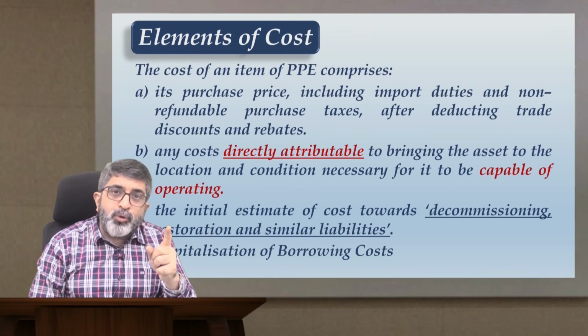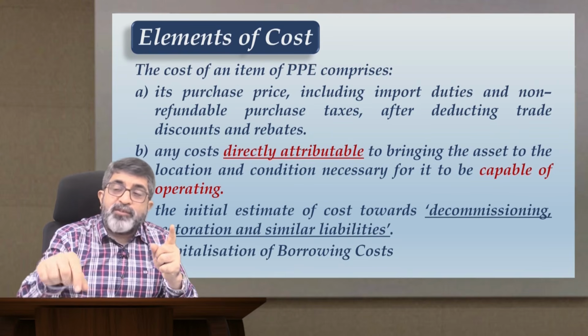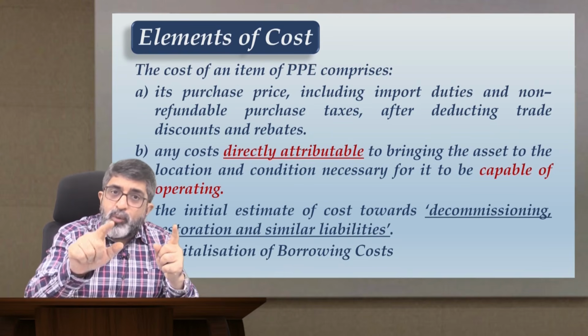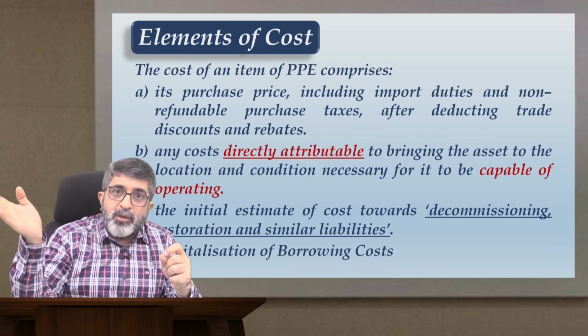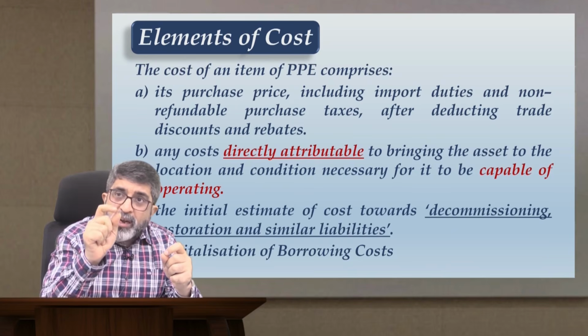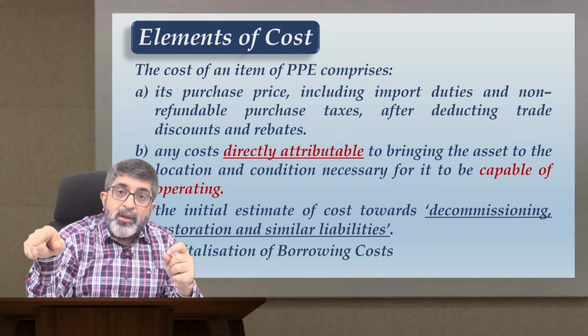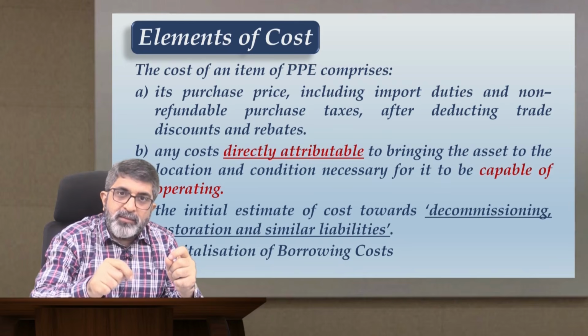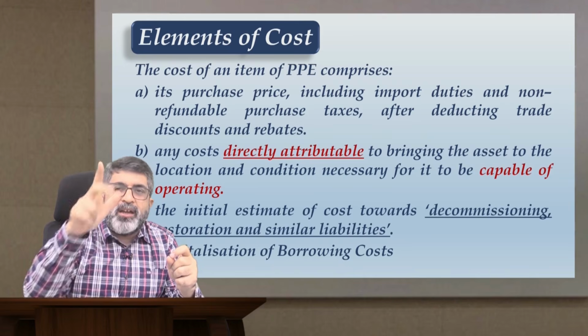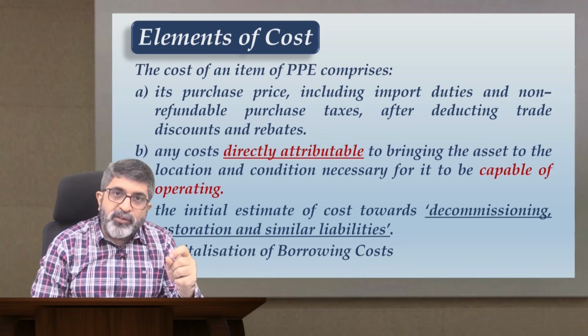For such restoration, you will incur cost. For such removal of equipment, you will incur cost. That cost may be incurred after 10 years from now. But whatever cost you are incurring at that time, the present value of that cost should be included in your initial cost.